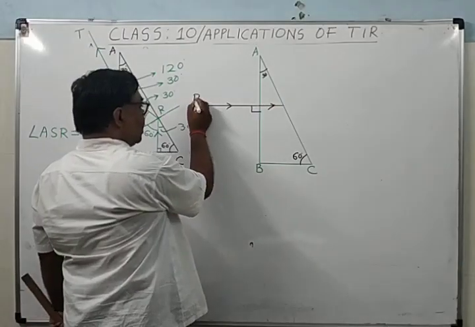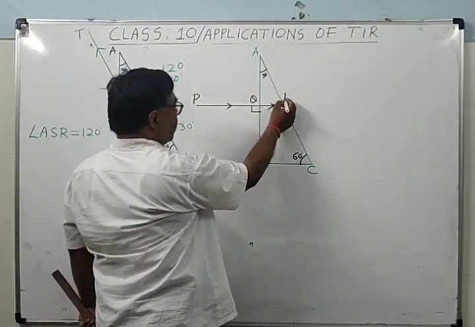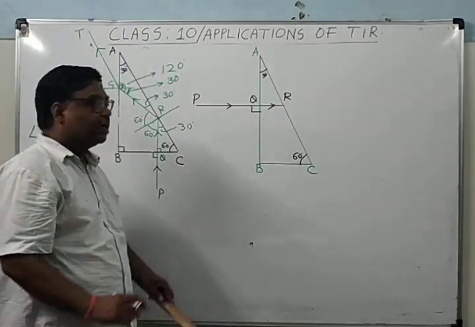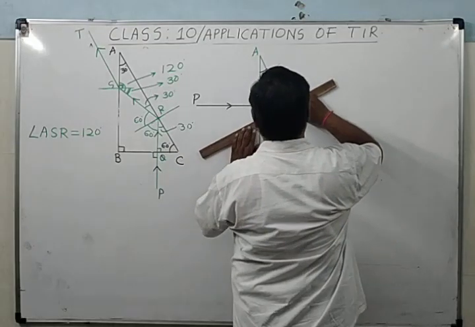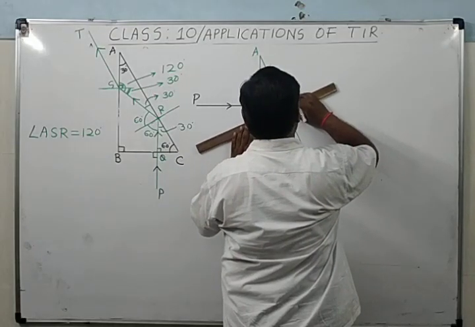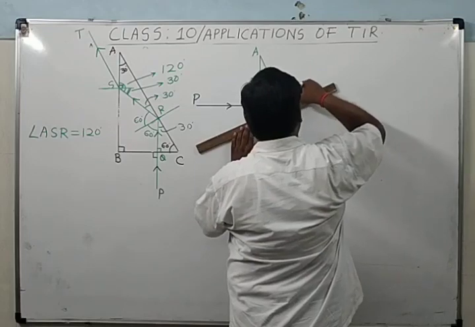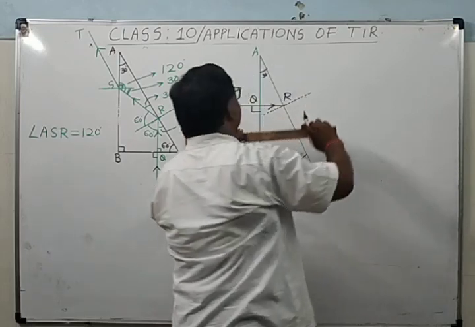You have to make the arrows. Arrows are very important. Now at the point R, you draw the normal. This is the normal.